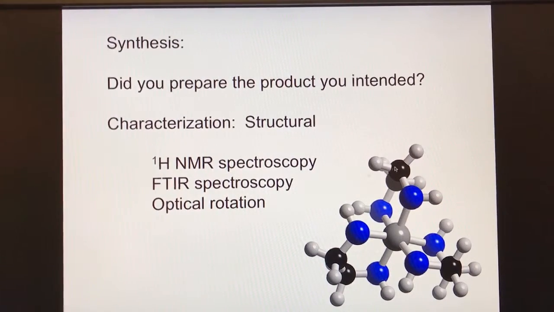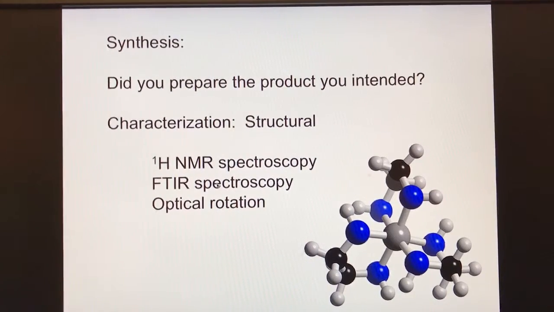With NMR, you will be able to look at the protons that are on the ethylene diamine, and that should hopefully give you an idea of the chemical shift and if it does correspond to those that are known for these compounds that have been reported in literature. FTIR. Here you're looking at vibrational spectroscopy.